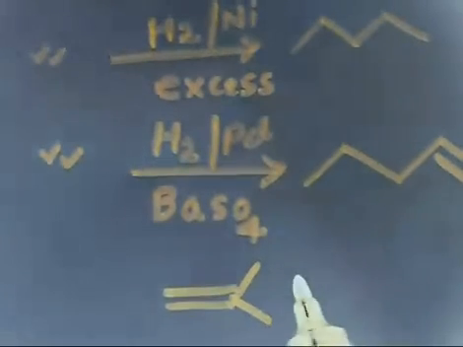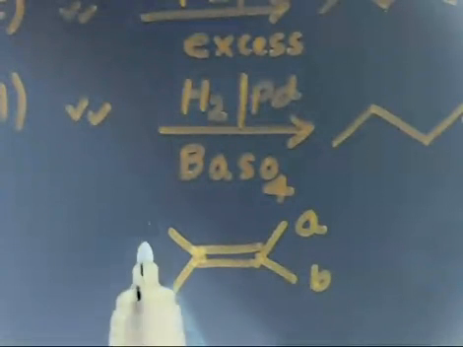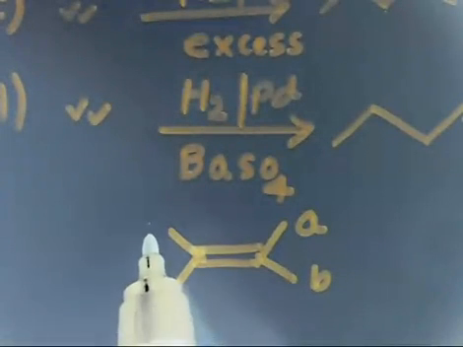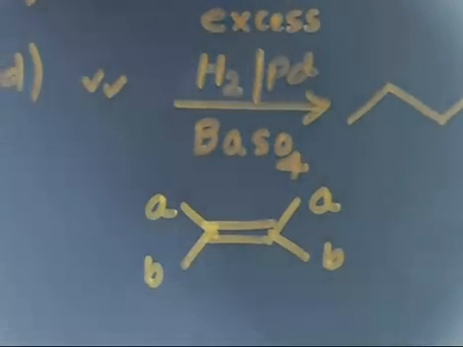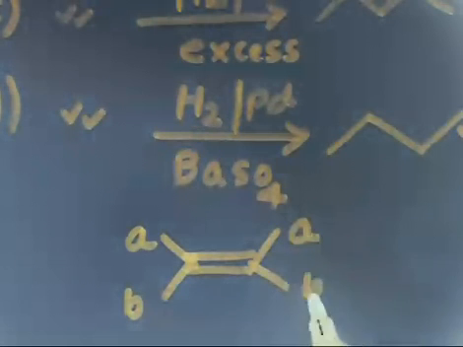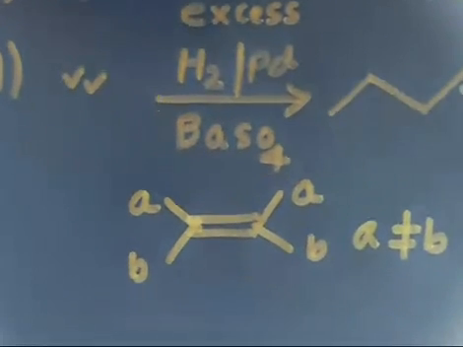So if you have an alkene, cis-trans is possible only if this contains 2 different groups and this also contains 2 different groups. It may be either A or B, or maybe C or D. So let us say A and B. So cis-trans is possible only if these are not equal. So A is not equal to B, and then only cis-trans is possible.